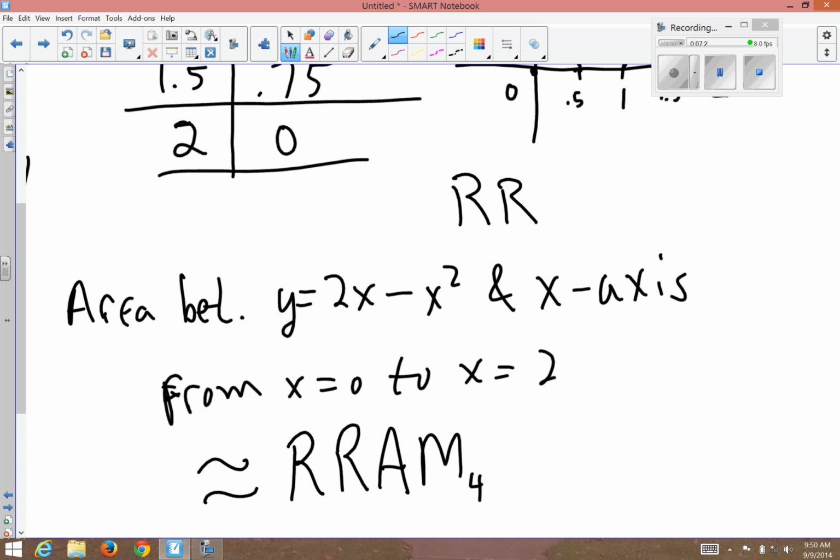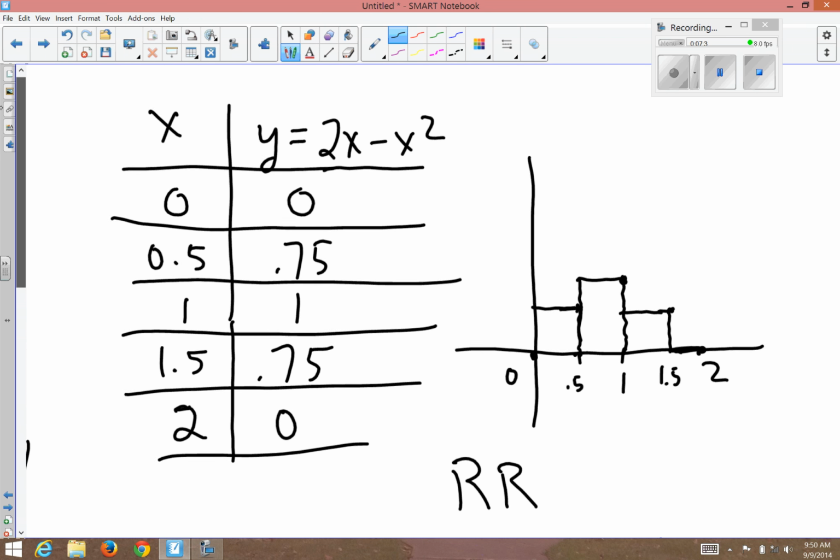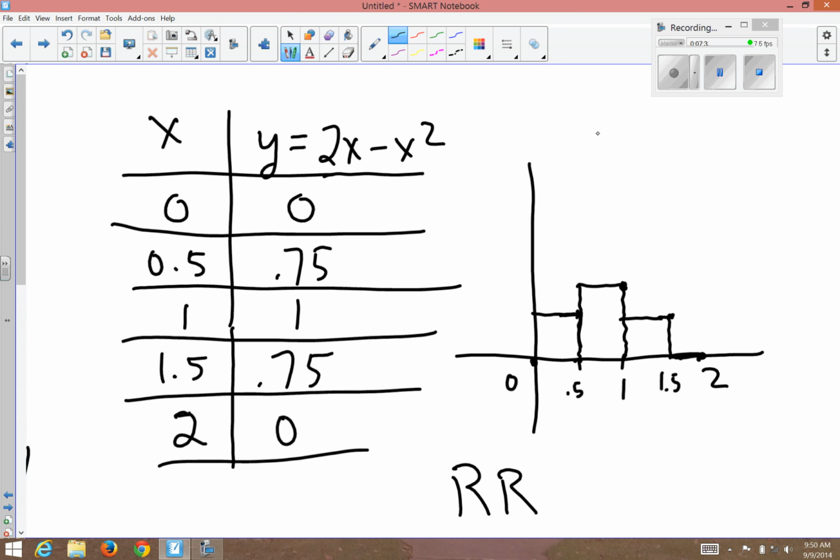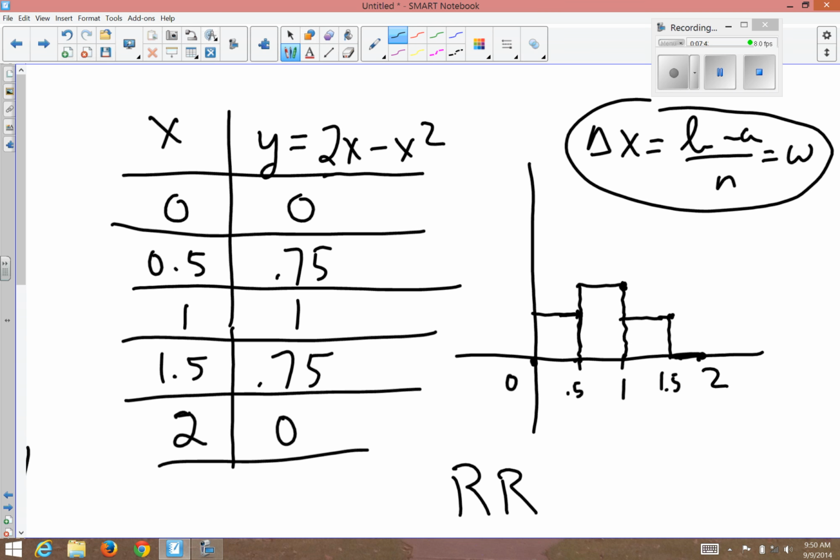Every one of these rectangles has a width of 0.5. So that delta x equals b minus a over n is the width of each rectangle. Each of these rectangles is 0.5 wide.